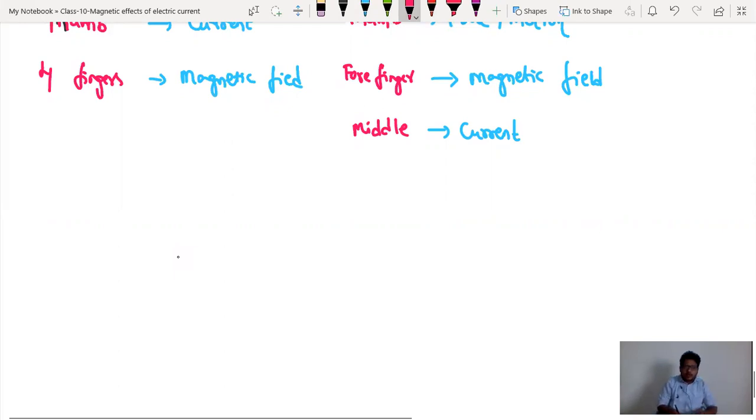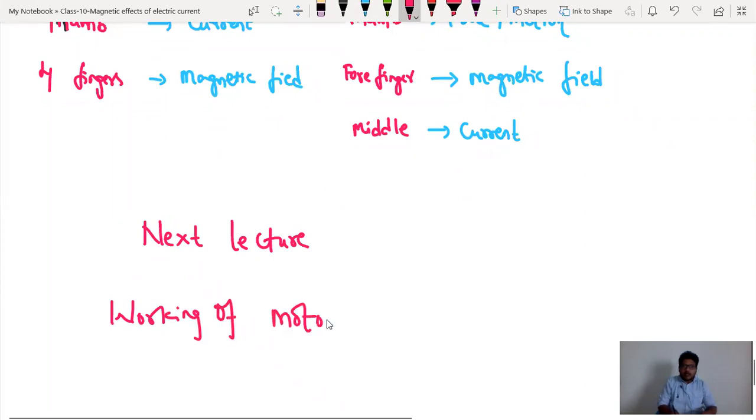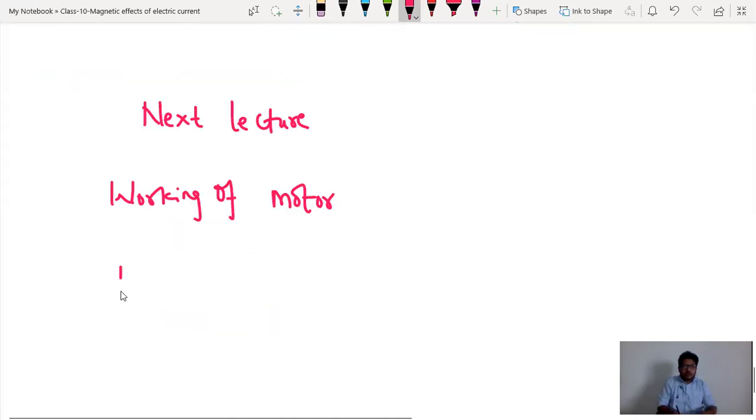Like that we have principles, and in our next lecture we'll talk about the working of a motor, and a motor works with the principle of Fleming's left hand rule.